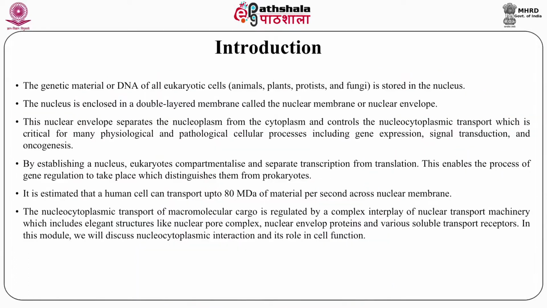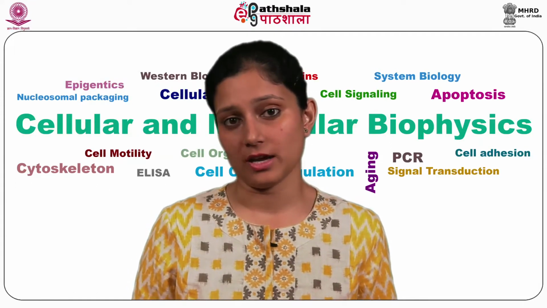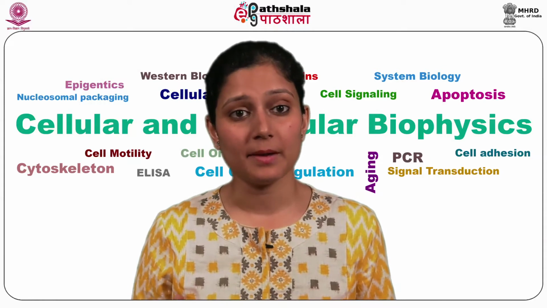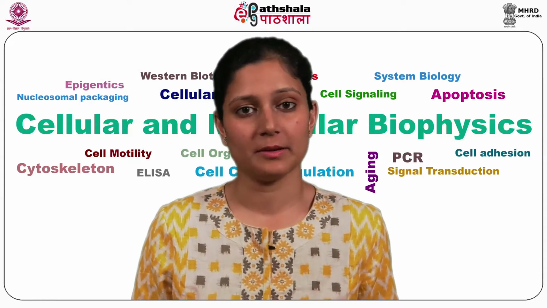By establishing a nucleus, eukaryotes compartmentalize and separate transcription from translation. This enables the process of gene regulation to take place. This distinguishes eukaryotes from prokaryotes. It is estimated that a human cell can transport up to 80 megadaltons of material per second across the nuclear membrane.